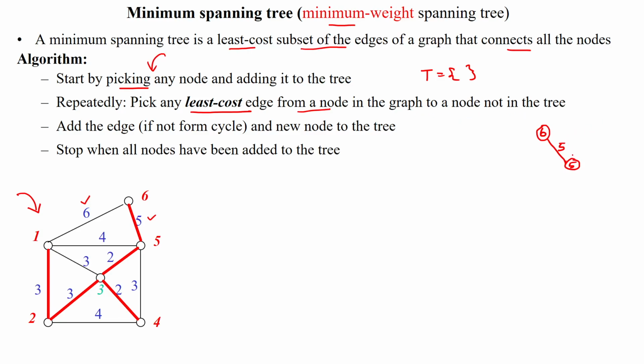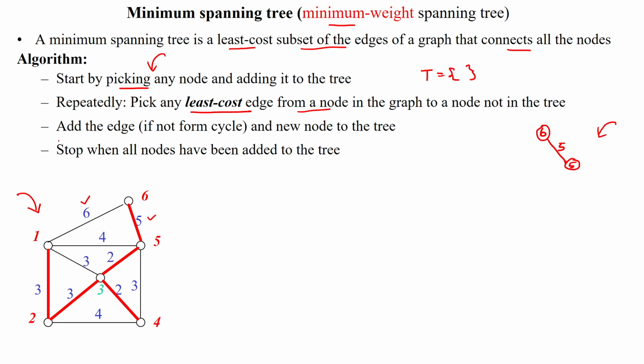Then we add that edge into the tree. When we are adding that edge, we should check the property of the spanning tree. It should not form a cycle in the new tree, right?